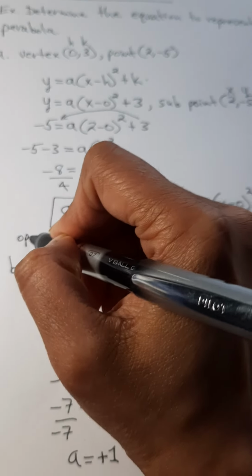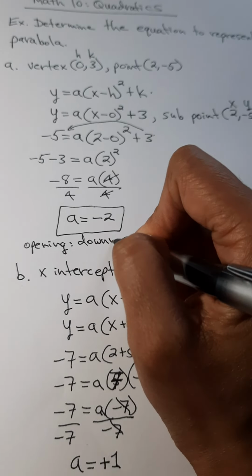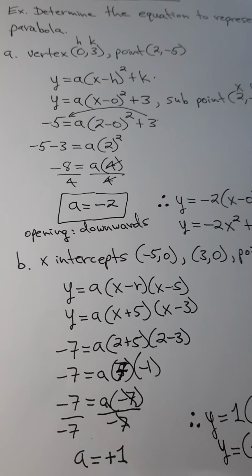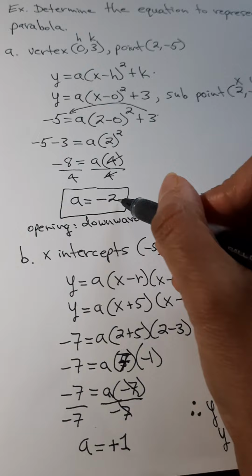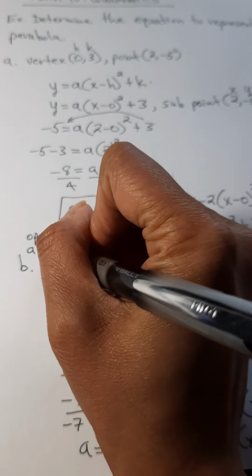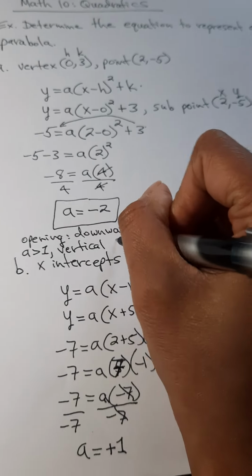So why don't we put some extra info in here? I'm going to put opening downwards because there's a negative sign. And you notice because the absolute value of a is basically equal to 2, which is greater than 1, I'm going to put a is greater than 1. This is known as a vertical stretch.